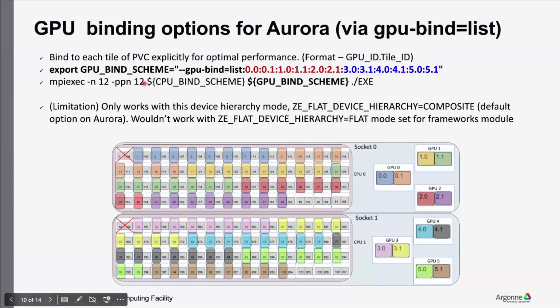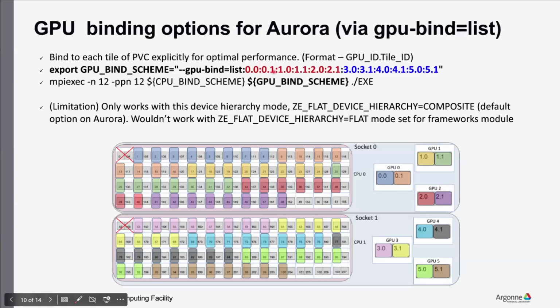Now to bind explicitly using this GPU bind list, it's very similar to the CPU bind list command line argument to MPI exec, where here you explicitly say which GPU and tile you want to bind to. So GPU 0 tile 0, then separate by a colon, then GPU 0.1.